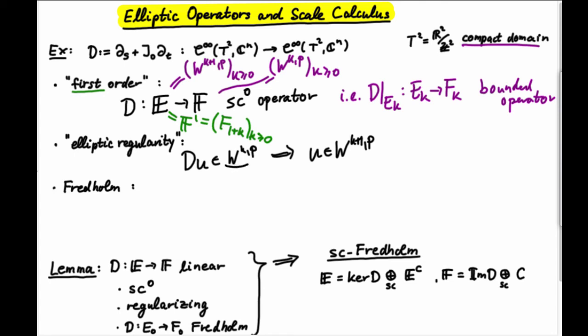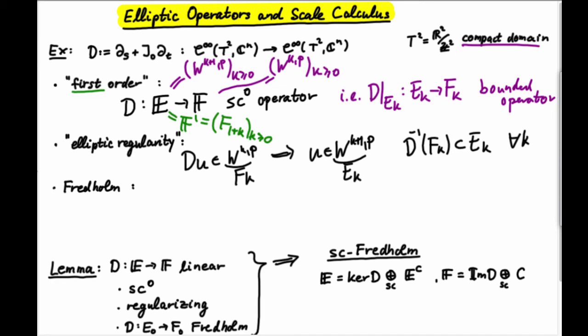But in my world now, this here is F_k, and that is E_k. So not only does D map E_k to F_k, it also, well, it doesn't quite have an inverse, but if the image is in F_k, the preimage actually is in E_k. And that's true again at all scales at the same time.